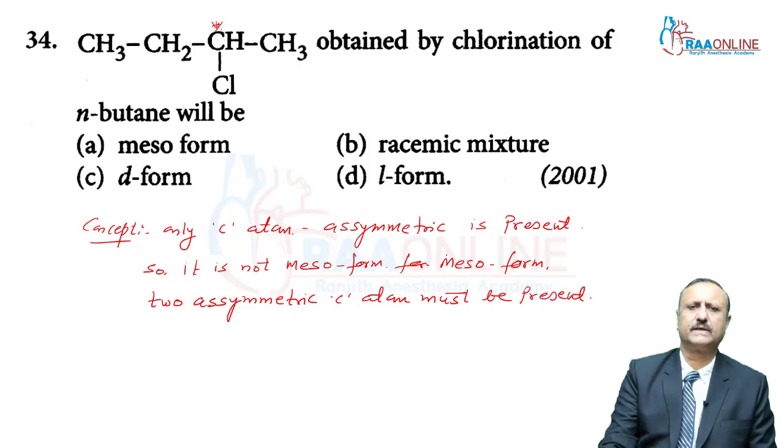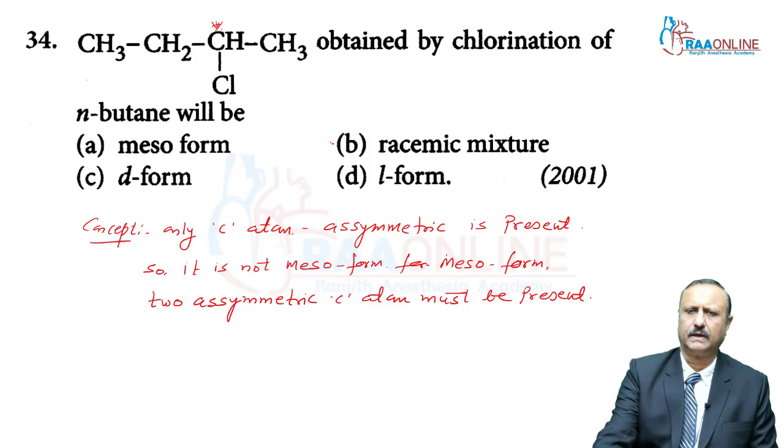So my dear students, it's not a meso form and it is not only a D form, because when normal butane reacts with chlorine, it's a free radical mechanism. In the free radical mechanism, the chlorine attaches to the free radical from two different sides, so it may cause the D form as well as the L form.